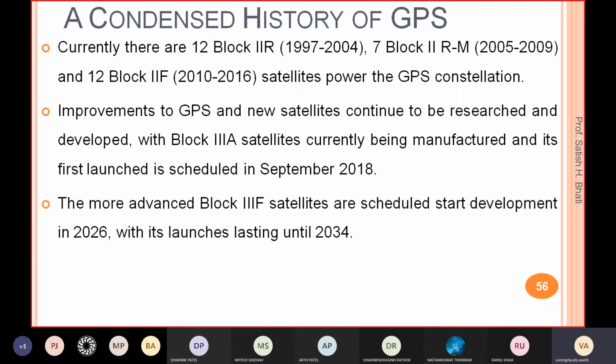The new satellites continue to be researched and developed, with Block 3A satellites currently being manufactured and the first launch scheduled for September 2018. More advanced Block 3F satellites are scheduled to start development in 2026, and will be complete by 2034.